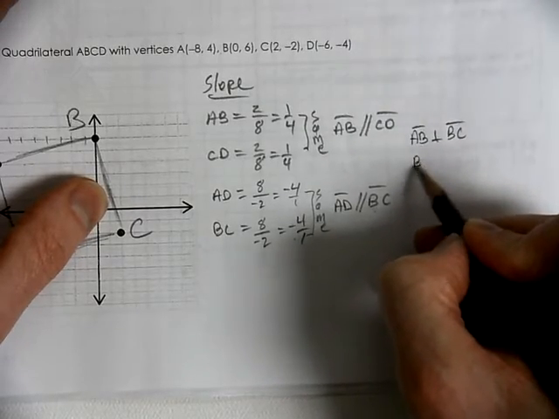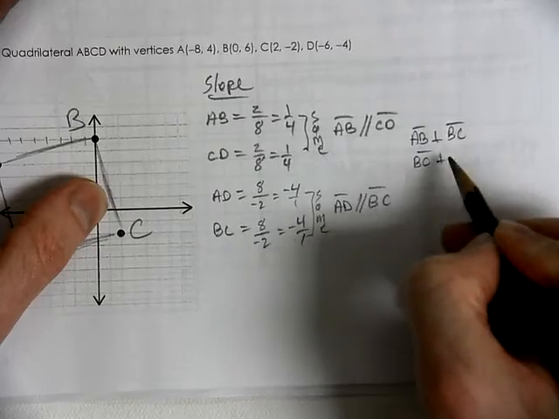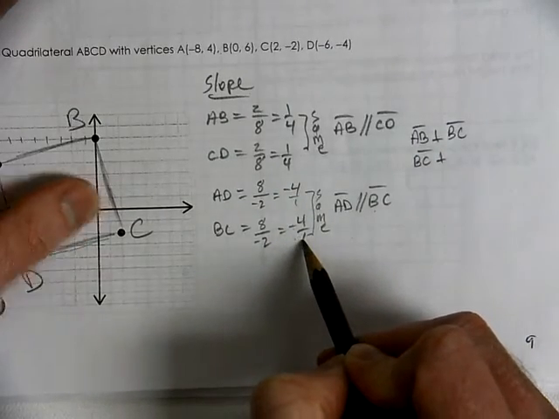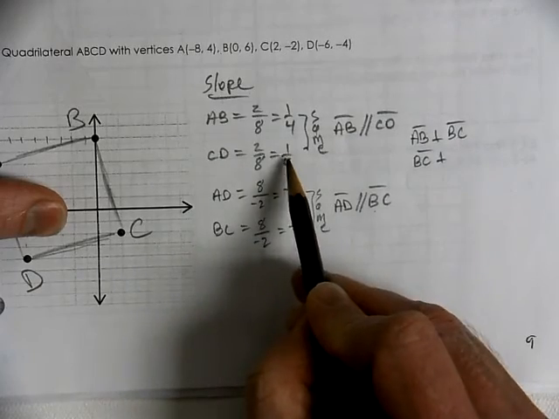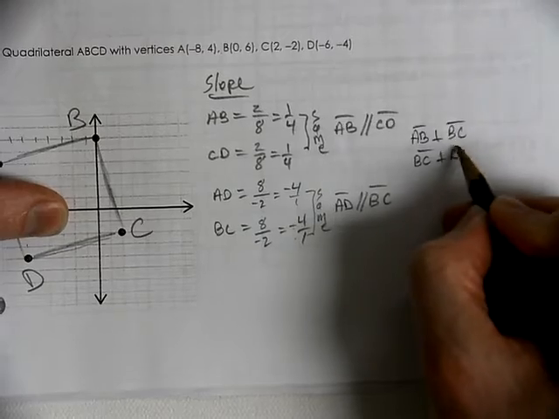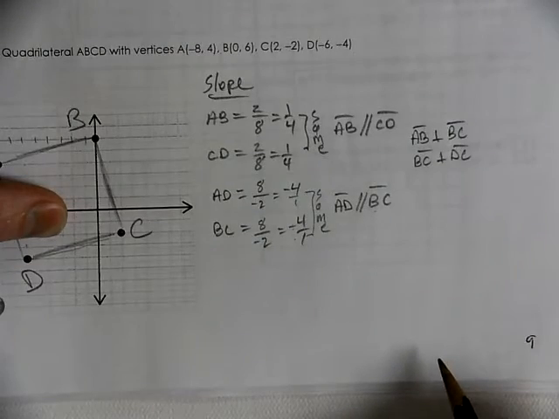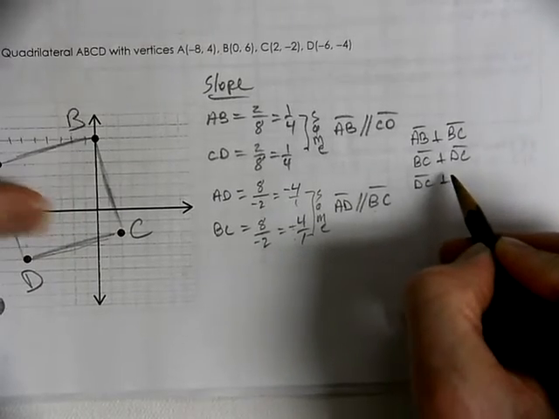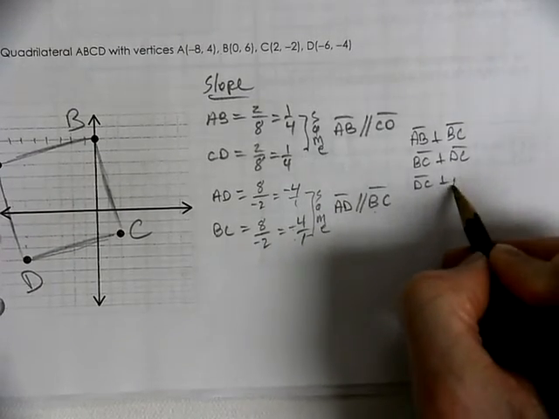I know that BC, which is negative 1/4, is perpendicular to DC, which is 1/4. So those are perpendicular to each other, which is perpendicular to AD.